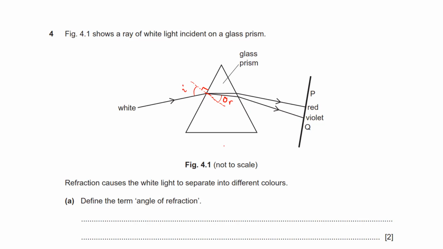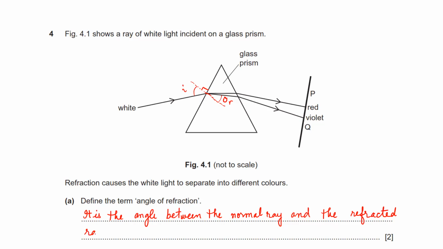So just simply, it is the angle between the normal ray and the refracted ray in a medium.